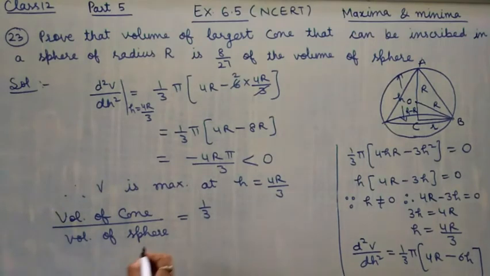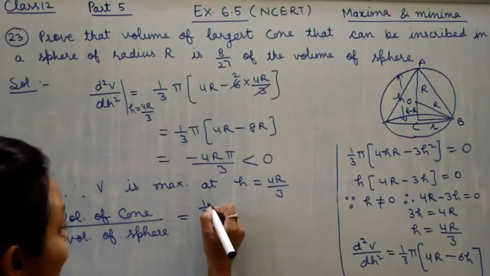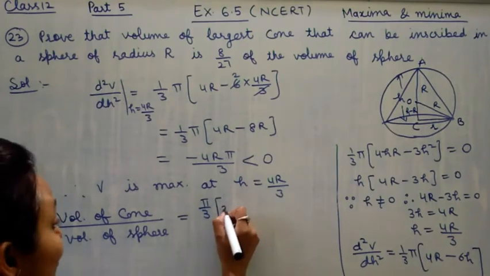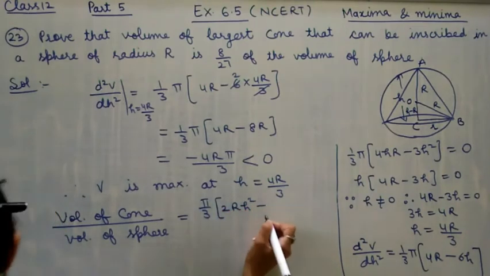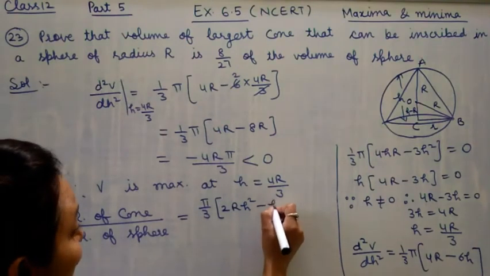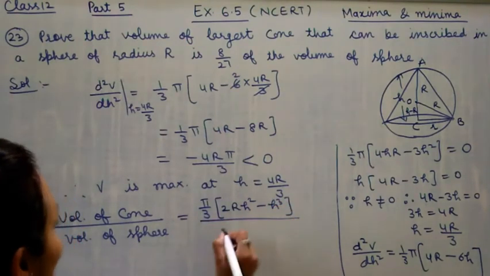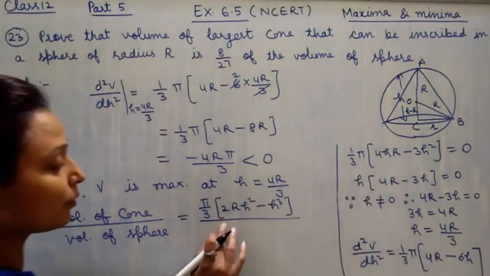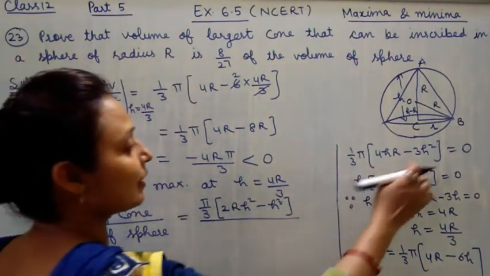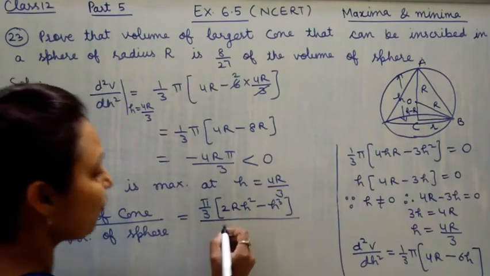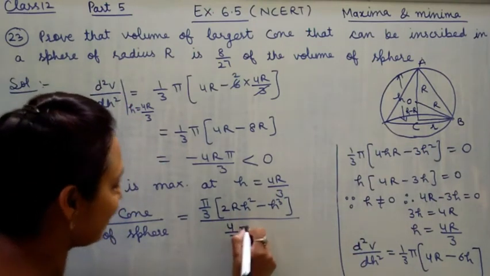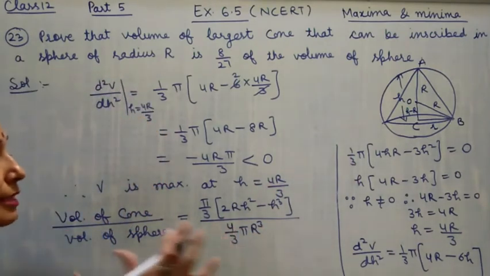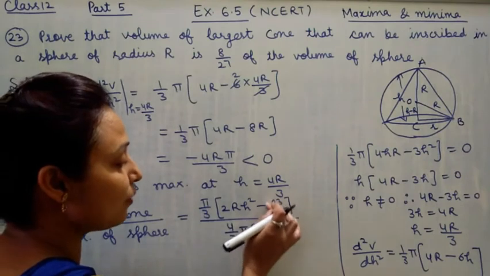I have π/3 times, inside the bracket, 2Rh² − h³. This is the volume of cone. Then 4/3 πR³ for the sphere. Now we will find it by using the value of h.